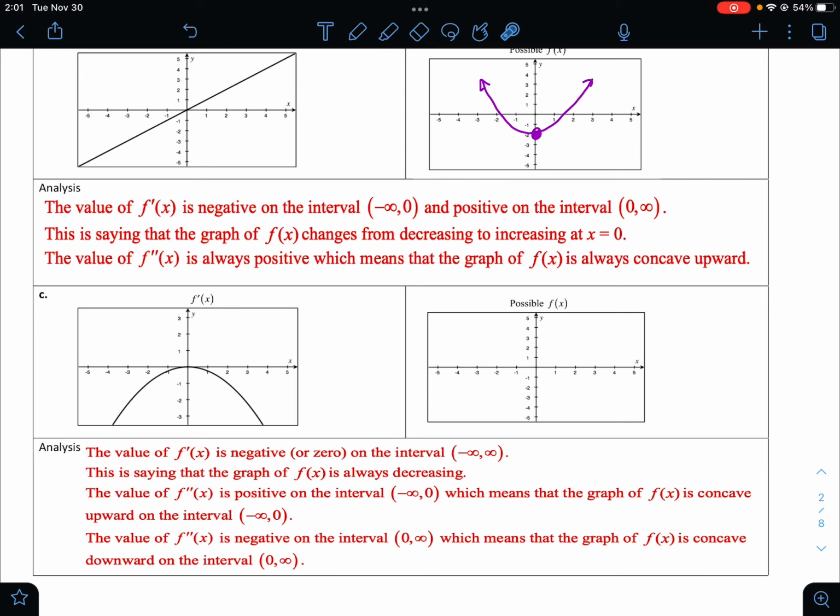The value of the second derivative would be positive here, so our function should be concave up here, but negative here, so our function should be concave down there. So we want a graph that goes concave up to concave down, but is always decreasing. And at x equals 0, it has a slope of 0.